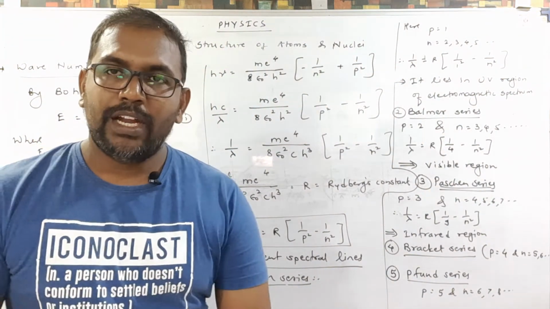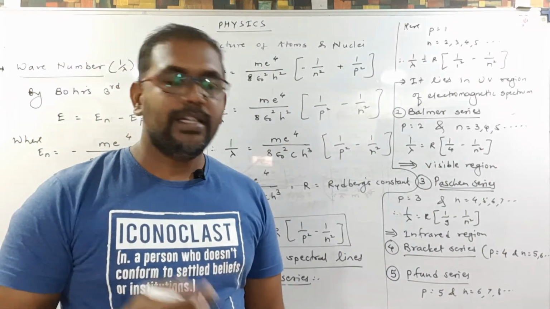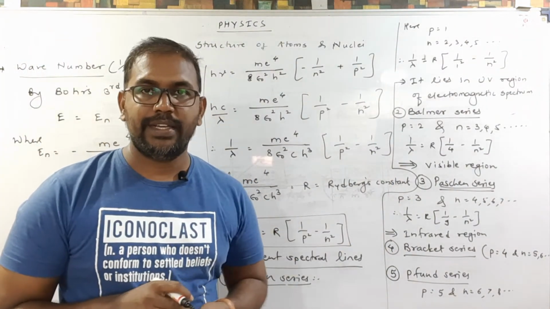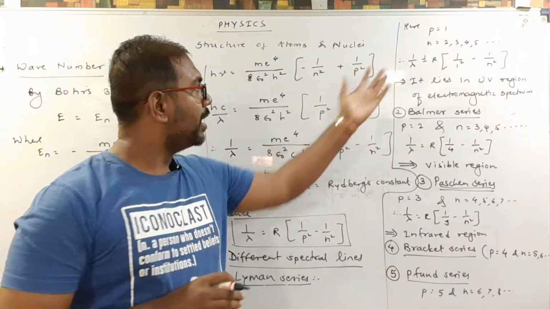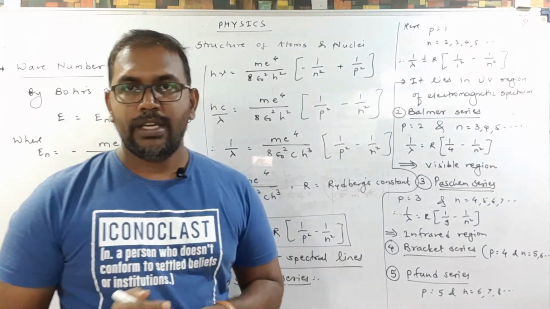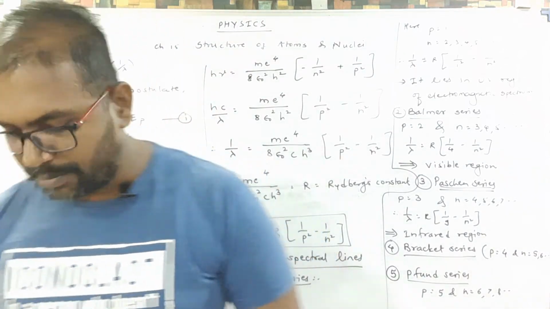Now we can draw a hydrogen energy level diagram using this. Here we get different energy levels: Lyman series, Balmer series, Paschen series, Brackett series, Pfund series. So let me draw the energy level diagram.